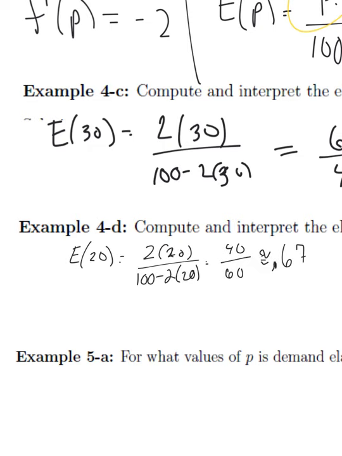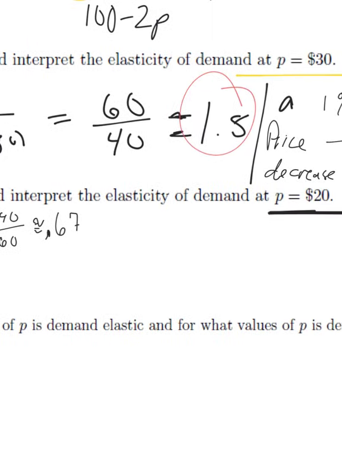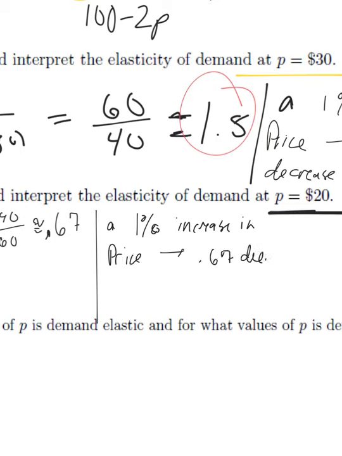Okay, and so what this corresponds to contextually is that a 1% increase in price corresponds with a 0.67% decrease in demand. All right, and so that's showing we have a good ratio, right? The price is affecting demand less, and so we can increase price without really losing too many sales.